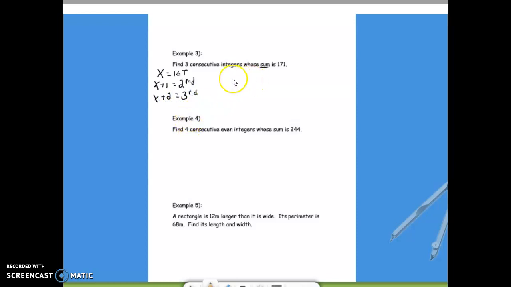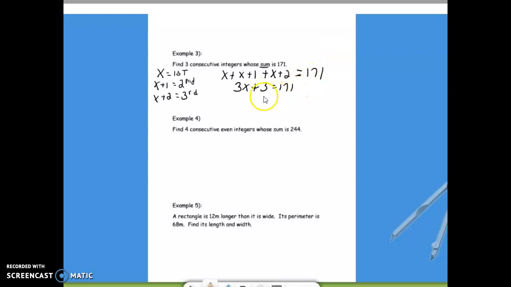Now what we're going to do is take x plus x plus 1 plus x plus 2 equals 171, right? So what do we got? We got 1, 2, 3 combined like terms. We got 3x plus 2 and 1 is 3, so 3x plus 3 equals 171. We got a pretty simple two-step equation here.